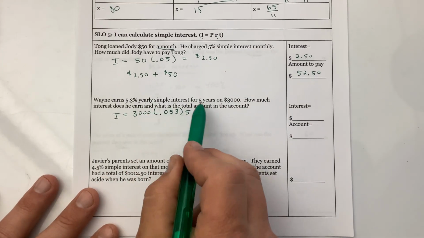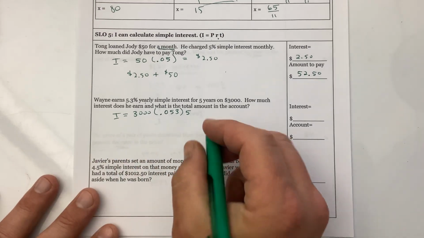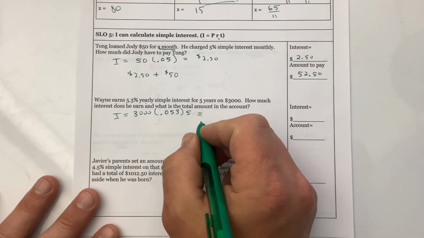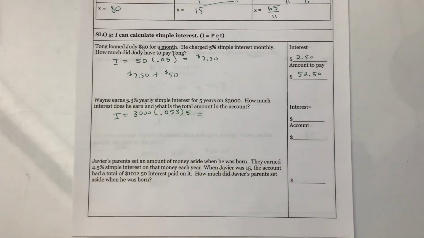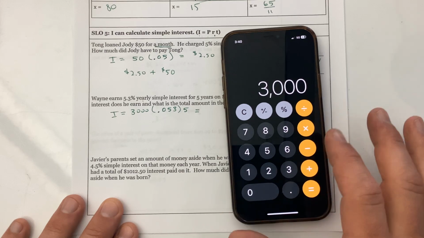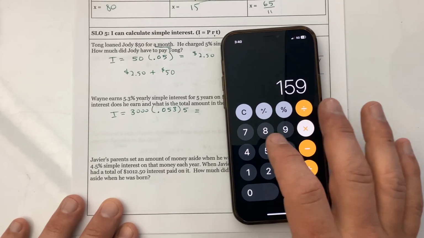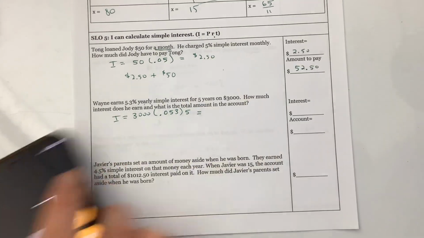And notice the yearly simple interest in 5 years, so we don't have to do anything crazy. If I multiply this all out, I get, oh man, I forget what I get. I think it's $795. Let me just double check. Oh, it's already on my calculator, so that's a good sign. 3,000 times 0.053 times 5, 795.